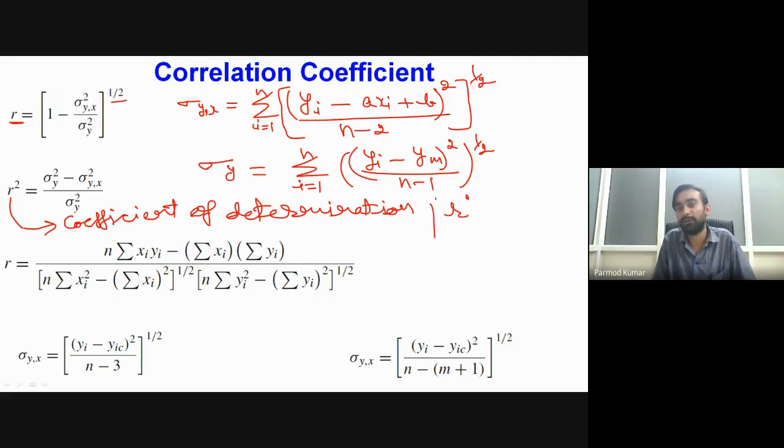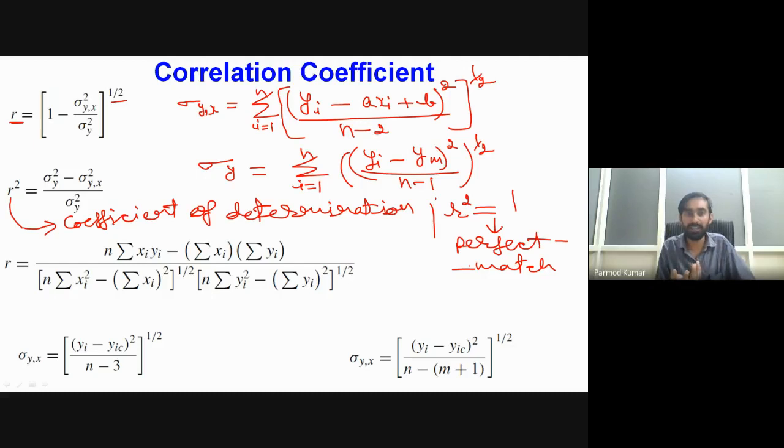So r squared equal to 1 represents a perfect match. As the value decreases from 1, we have some deviation between our correlated data set and the observed data set. This is how we can calculate the value of r squared using this formulation.